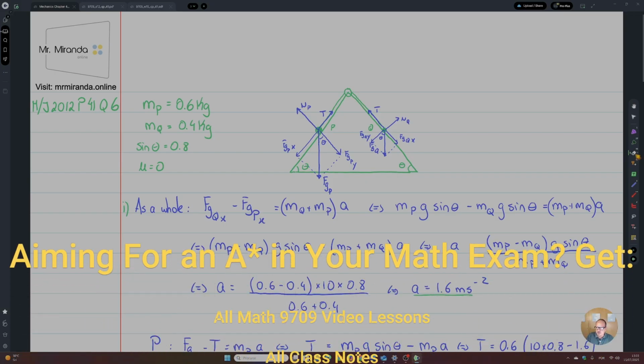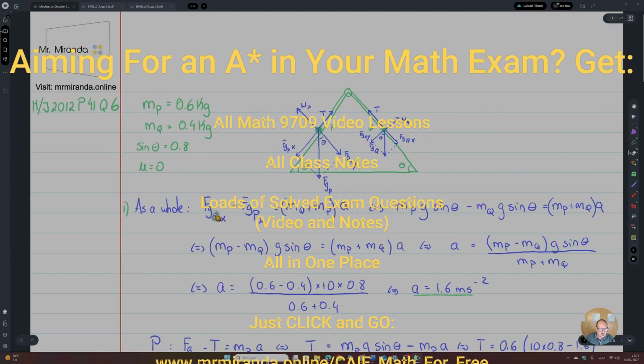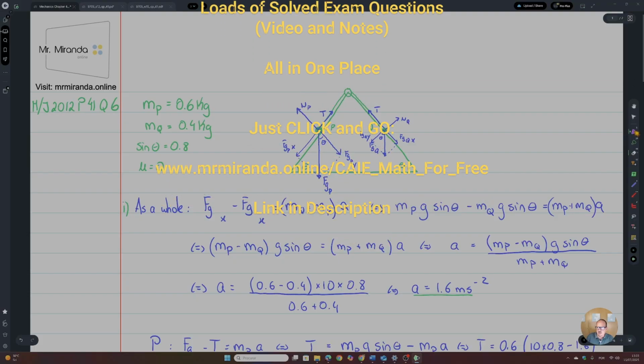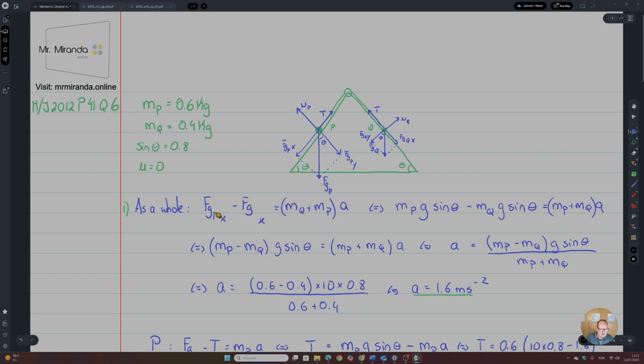Give me just 1 second and I'll do this correction right now. So this one over here is P. Okay, this is the particle that is pushing the other one.